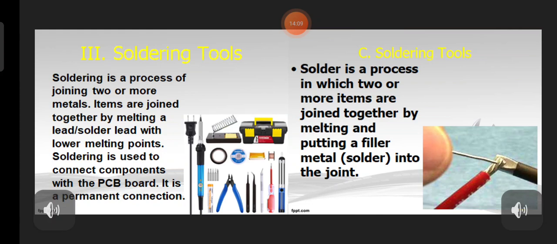It is a permanent connection. The word solder comes from the Middle English word soudure, via Old French soldure, and solder from the Latin solidare, meaning to make solid.